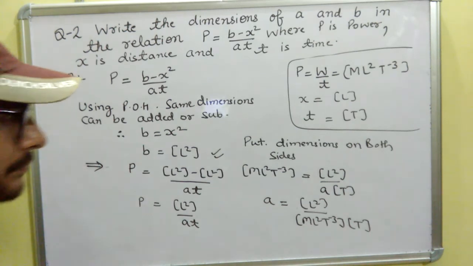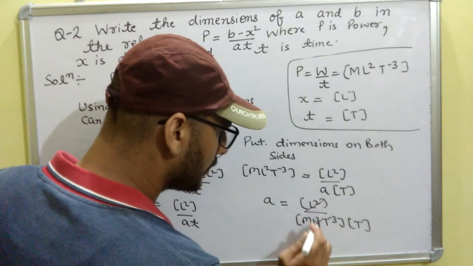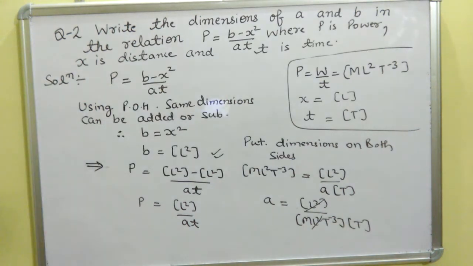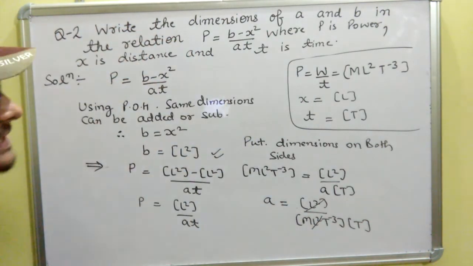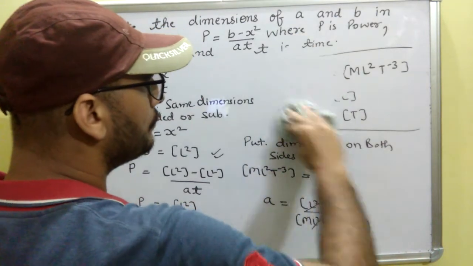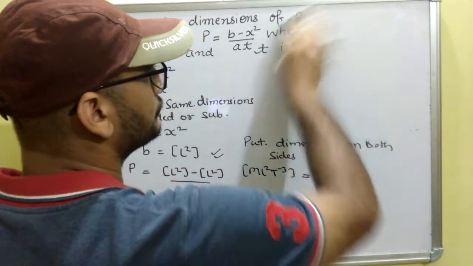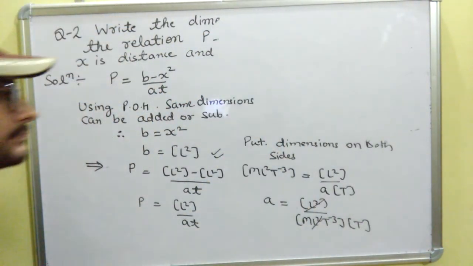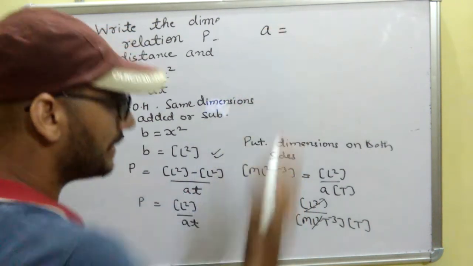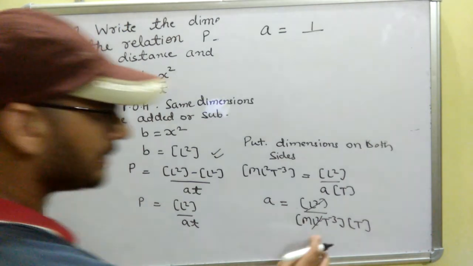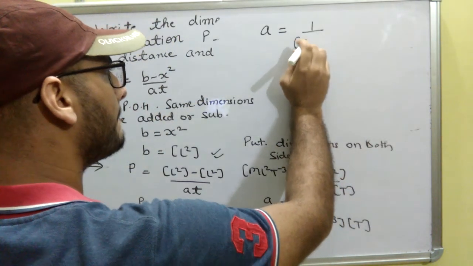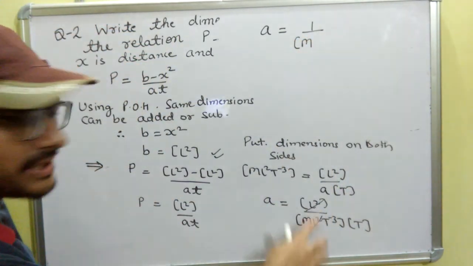Okay, now L square will cancel with L square. Now solve the rest. Now look, in the upper part you don't have anything now, it is 1, and in the downward part you have M. L square cancels out with L square.